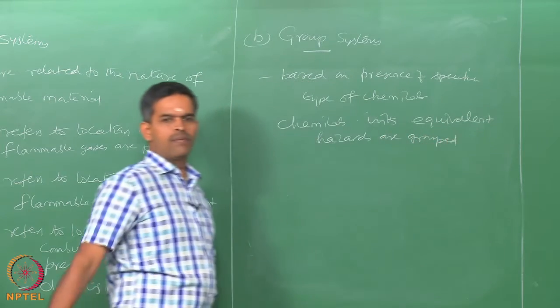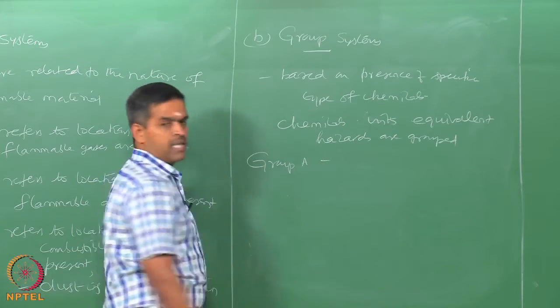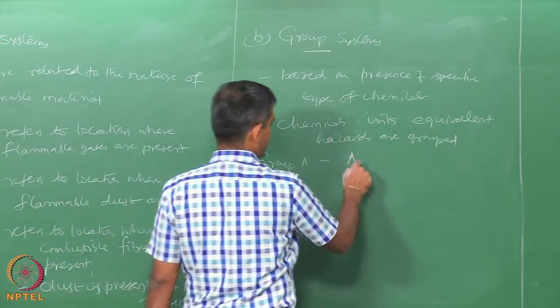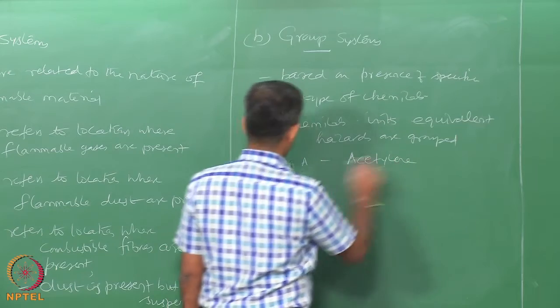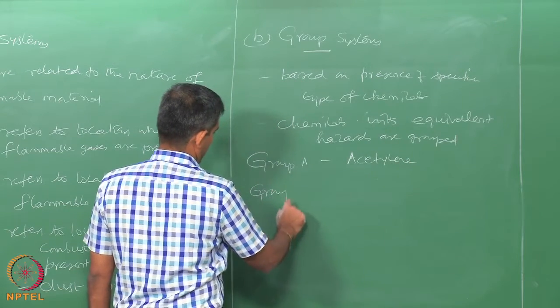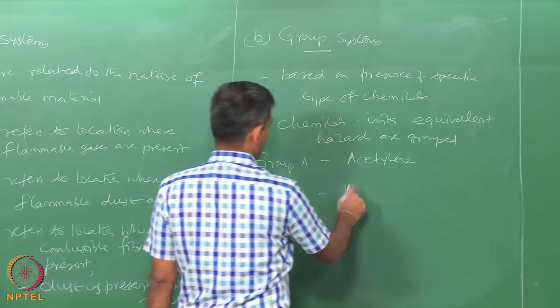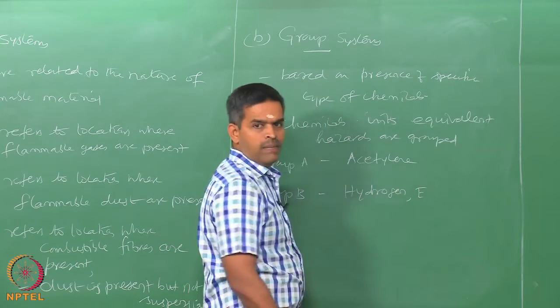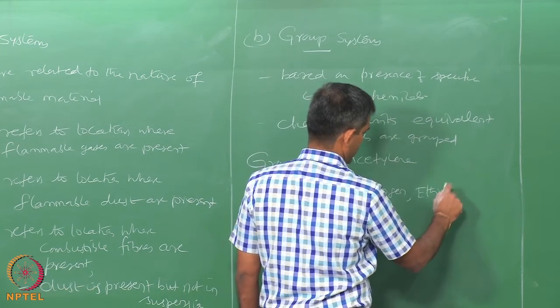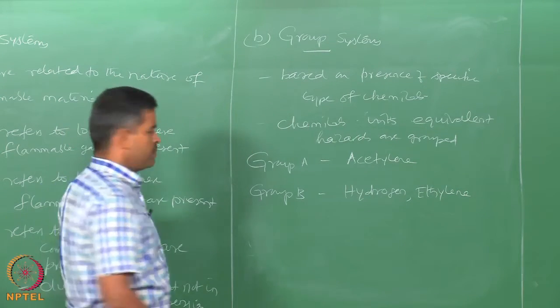We can give an example. Let us say group A has chemicals like acetylene, group B refers to chemicals like hydrogen and ethylene, which have an equivalent hazard level.